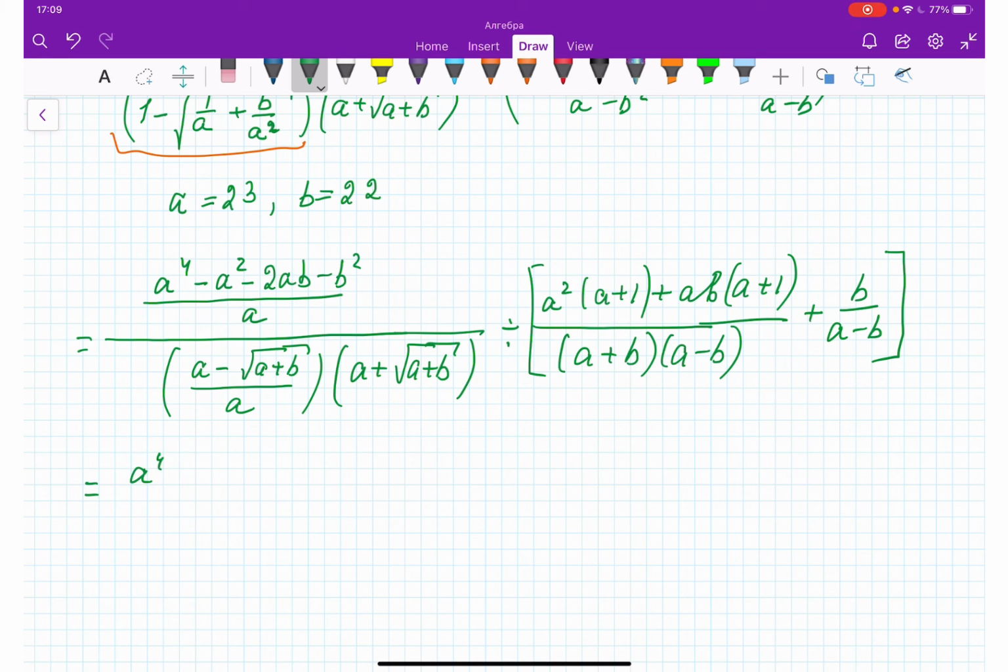A to the 4 minus a squared. Let me see, can I group it also? No, I can't because I have 2ab. But what I have here catching my eye is negative a squared minus 2ab minus b squared. It's like a squared plus b squared. If I put them in parentheses, and since I have a negative sign in front, it's going to be all positive.